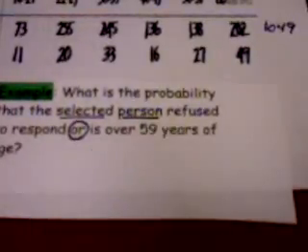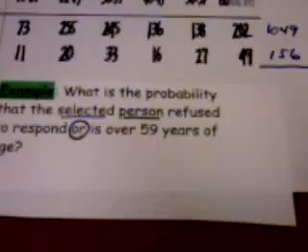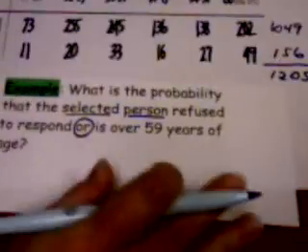Okay, and then the ones that refuse to respond are 11, 20, 33, 16, 27, and 49, which gives me 156, which means the total people in this survey is the 1,049 plus the 156, which gives me 1,205. That is your total sample space. When you're dealing with probability, this is your denominator.